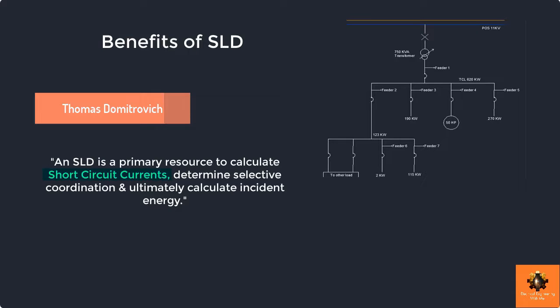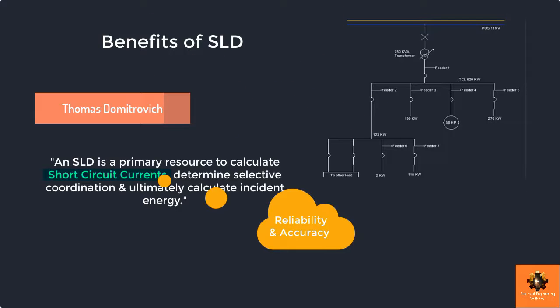So short circuit is nothing but a fault which produces a large amount of current in the electrical system. And the short circuit may lead to some most serious hazards. So I can say that reliability and accuracy of the electrical system depends on accurate knowledge of the short circuit fault currents that can flow in our electrical system during abnormal condition.